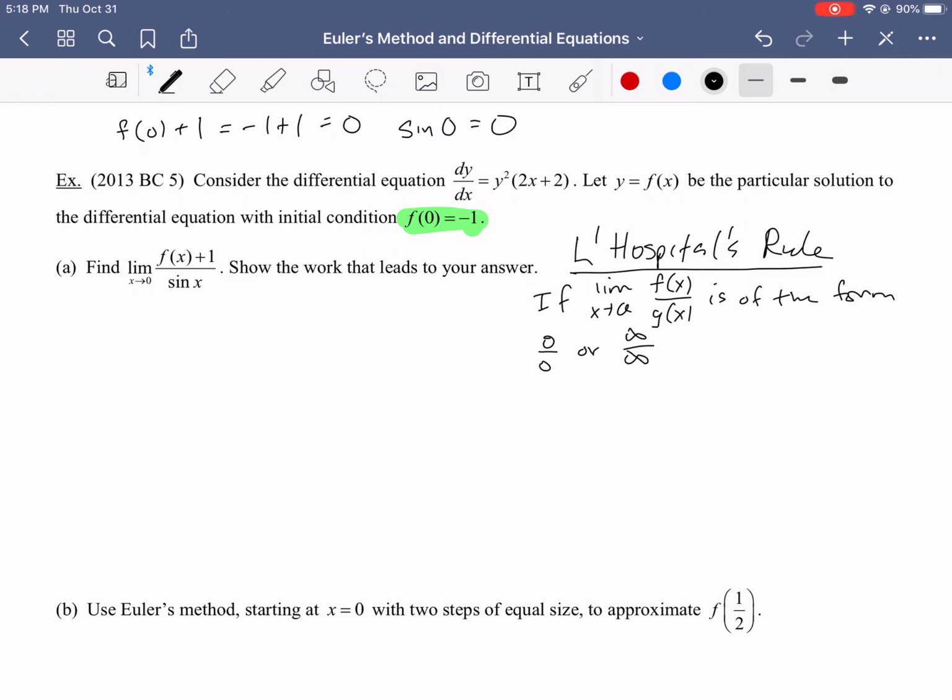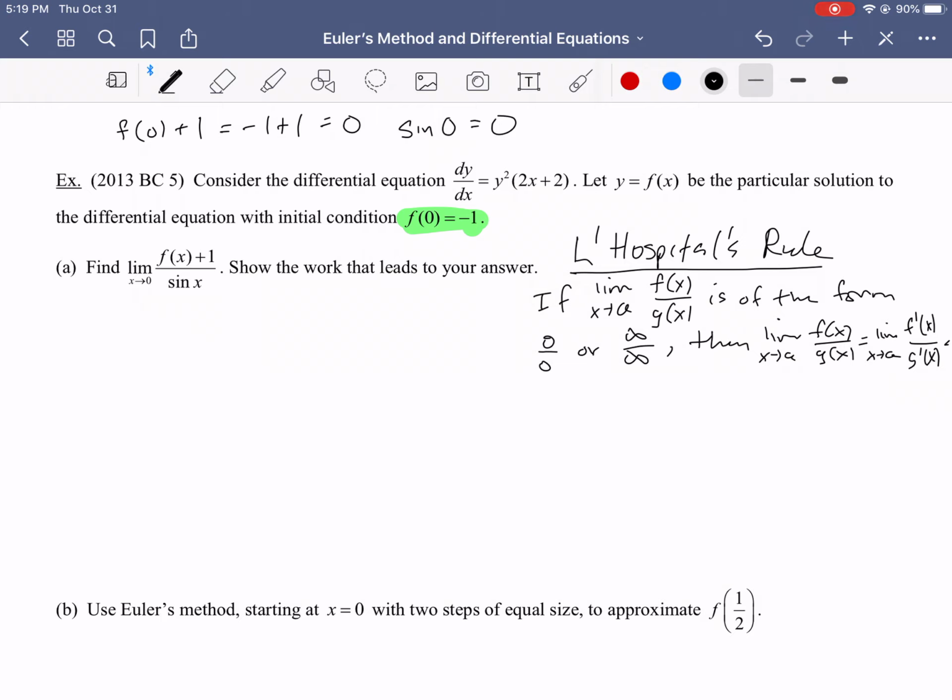So if either of those two forms is what the limit is, then what we can do to find the limit is the following. The limit as x approaches a of f of x divided by g of x is going to be nothing more than the limit as x approaches a of f prime of x divided by g prime of x.